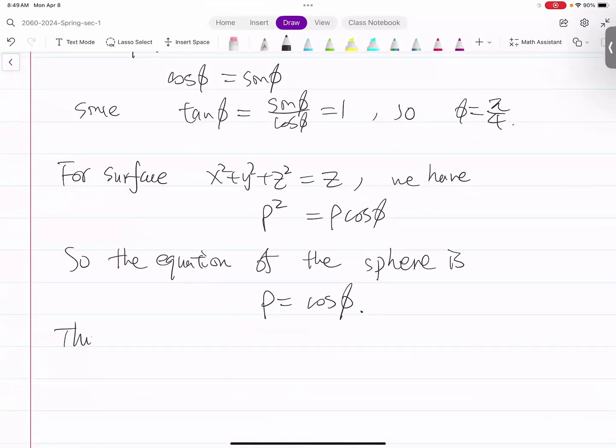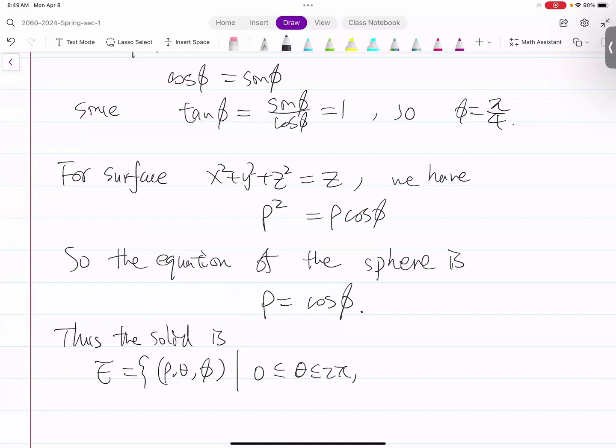Thus, the solid E equals all the rho, theta, phi tuples such that theta is between 0 and 2 pi, that's the entire period. We put phi in the middle, as the interval from 0 to pi over 4.